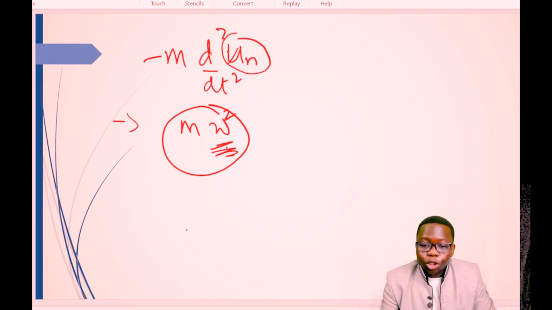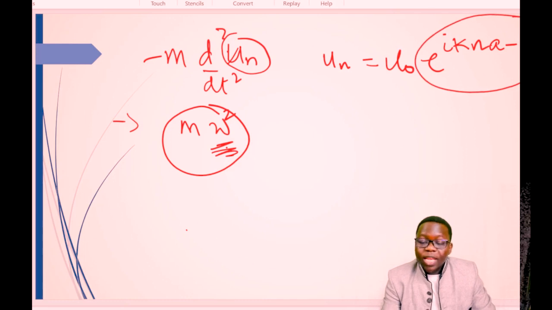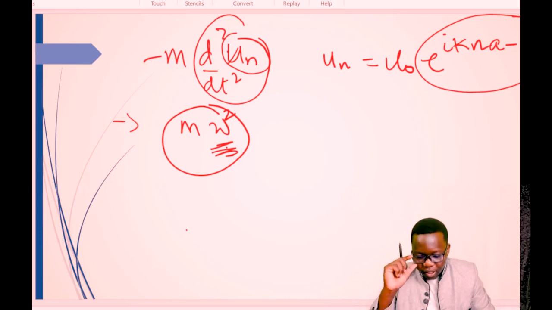So the solution of a wave, we said, if a wave for the nth atom is u naught exponential i k n a minus i omega t. So if we have this, then we need to differentiate it 2 times with respect to t for us to be able to get our left-hand part of the equation.